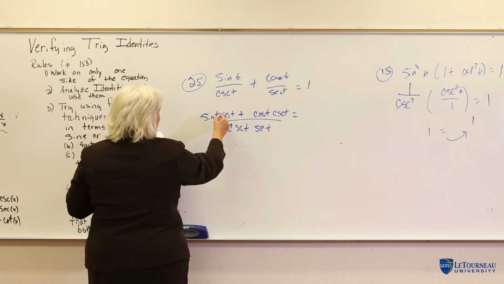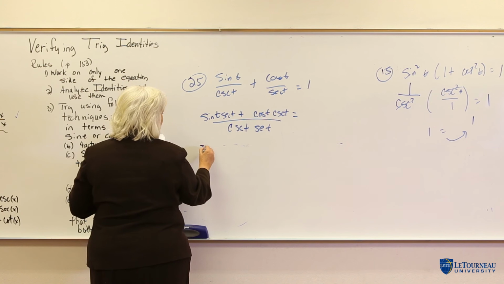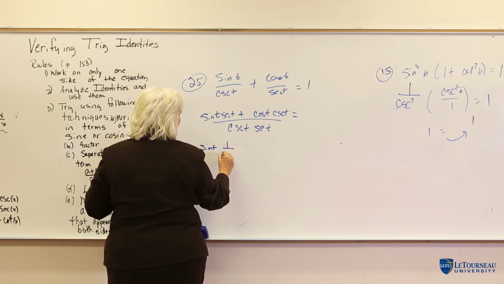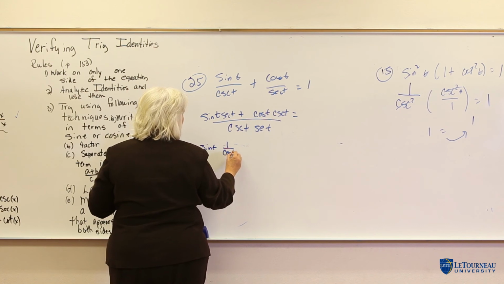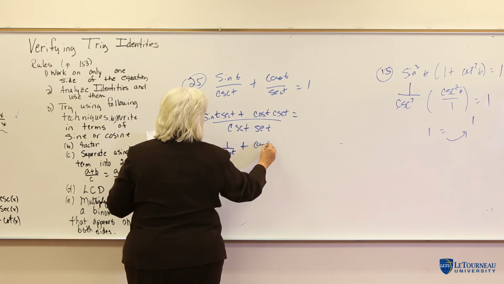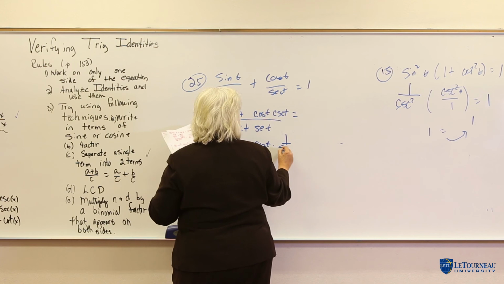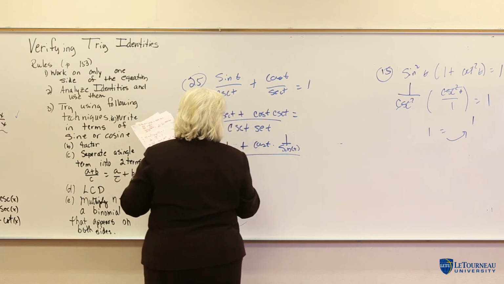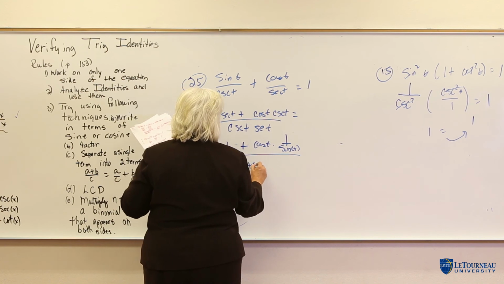Then I'm going to change this to its reciprocal. So I have sine t times 1 over cosine t plus cosine t times 1 over sine t, all over cosecant t plus secant t.